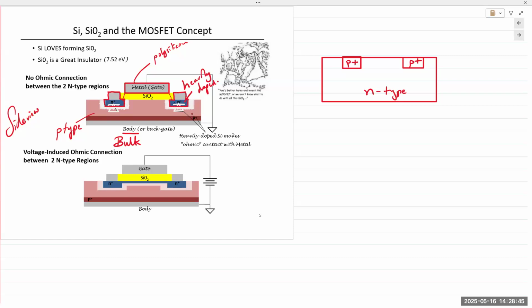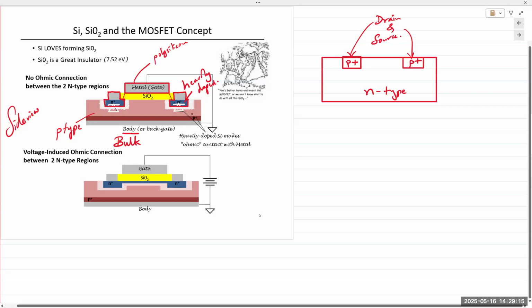But that implanted region underneath are the drain and the source. And the drain and source, at least as far as this figure goes, are interchangeable. And that is what makes this device symmetrical.